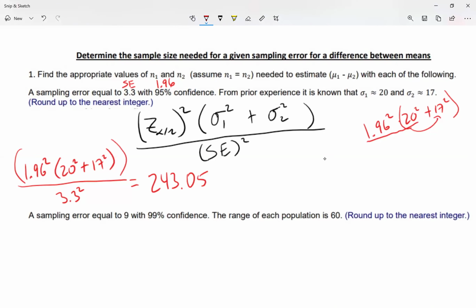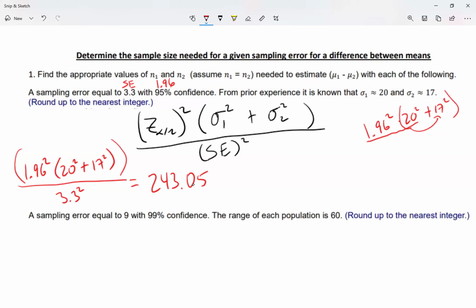243 point something. Now, we talked about sample sizes in previous units. It says round up to the nearest integer, so it has to be a whole number, but it cannot be less than 243.05. If I go to the nearest whole number, my answer will be 243. However, 243 is less than 243.05.